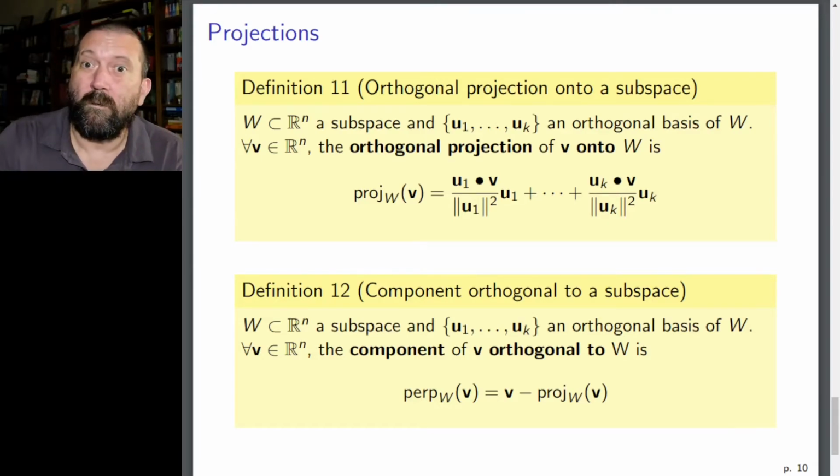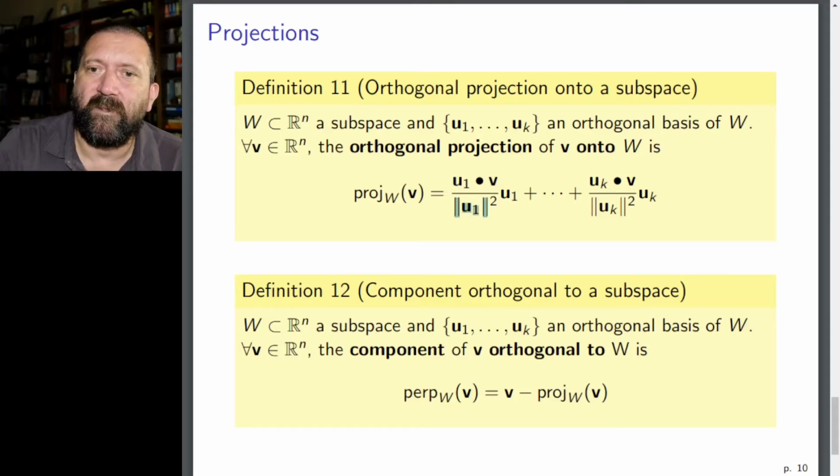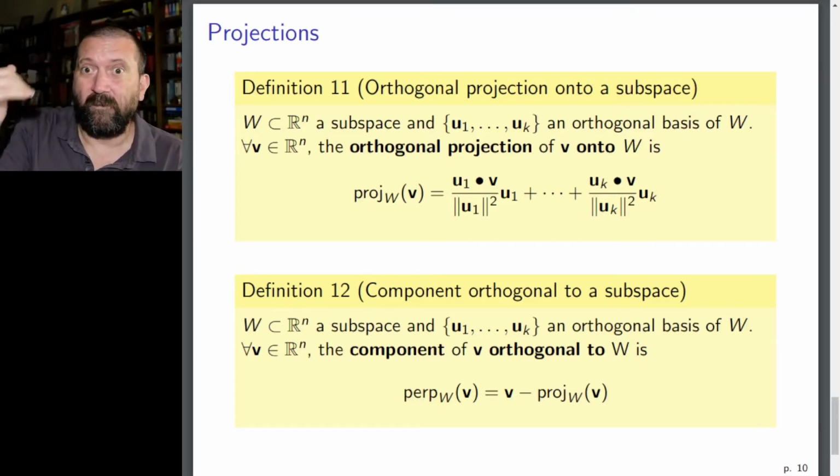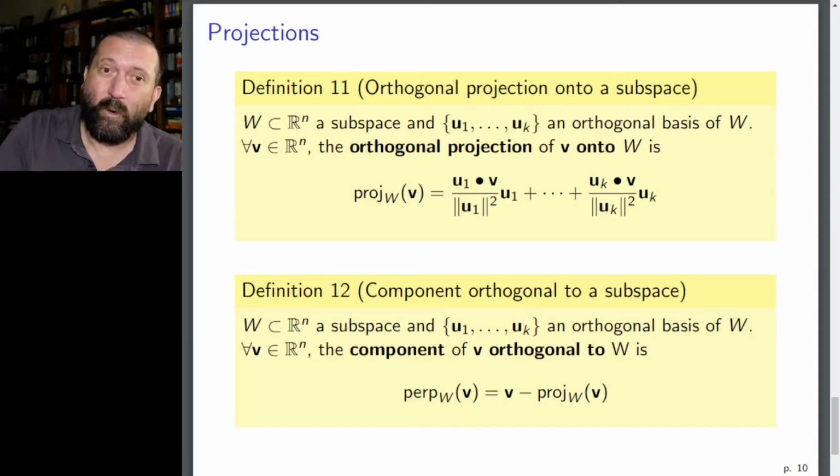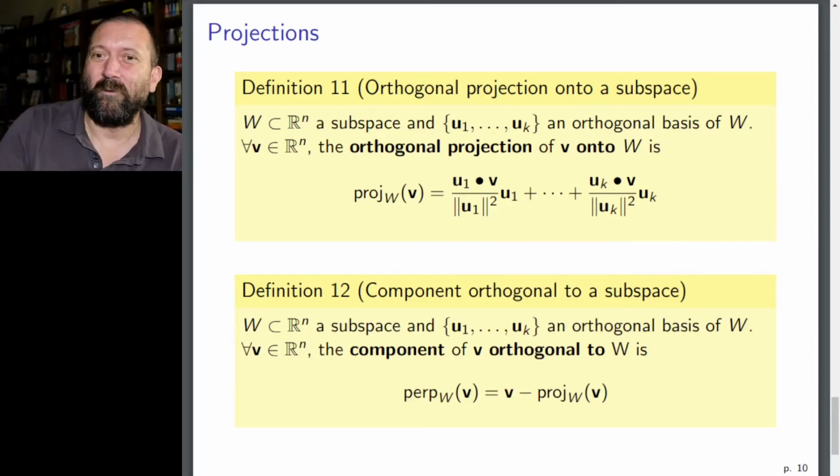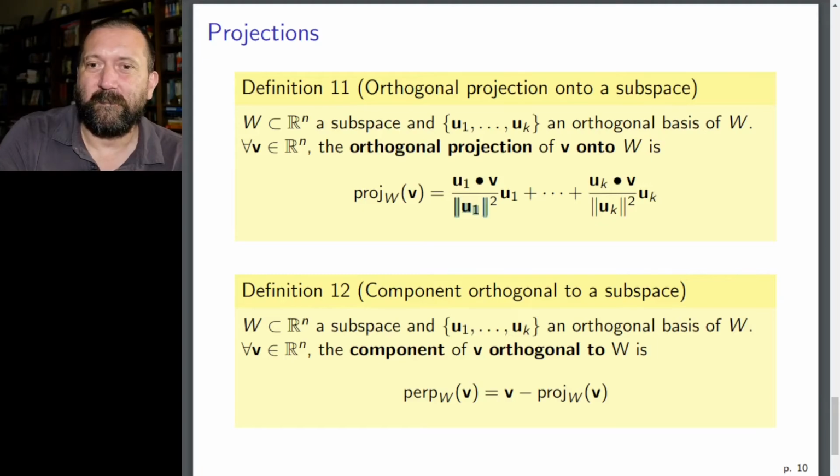If it were orthonormal, actually things would be easier, because that norm of u1 squared and norm of uk squared that you see here, they would all be 1. But if it's not an orthonormal basis, if it's just orthogonal, you end up dividing by these things.